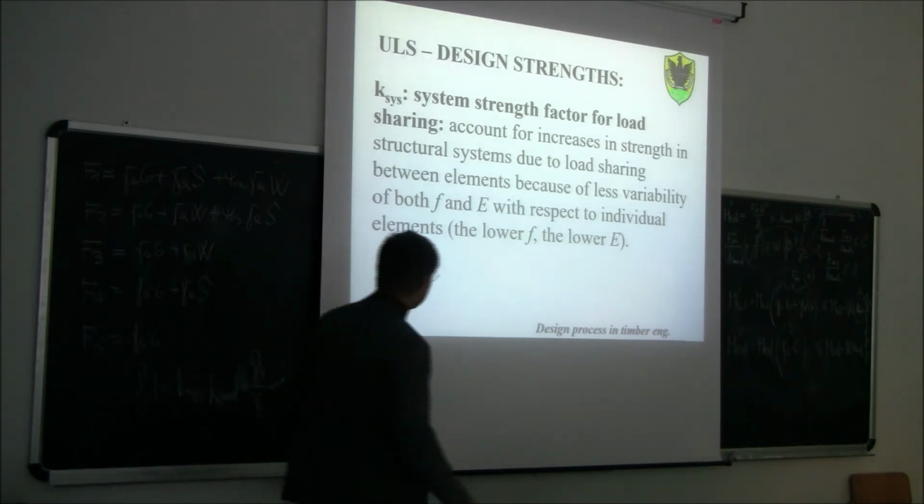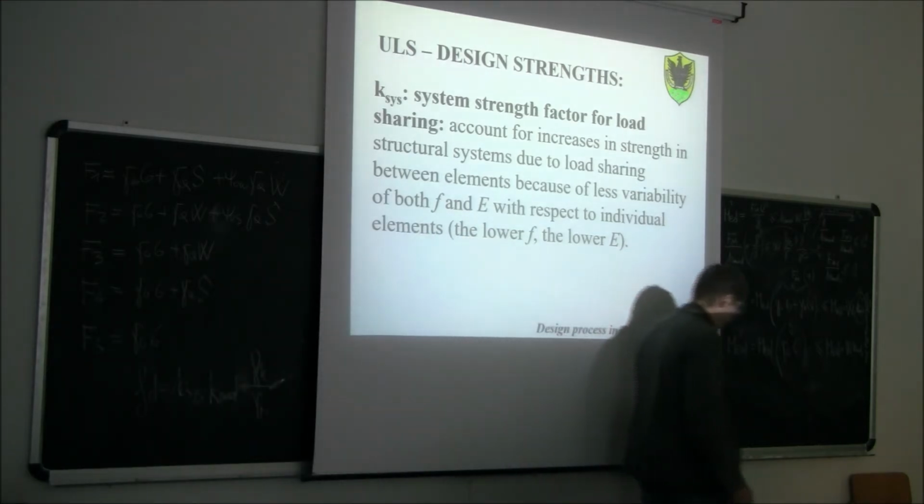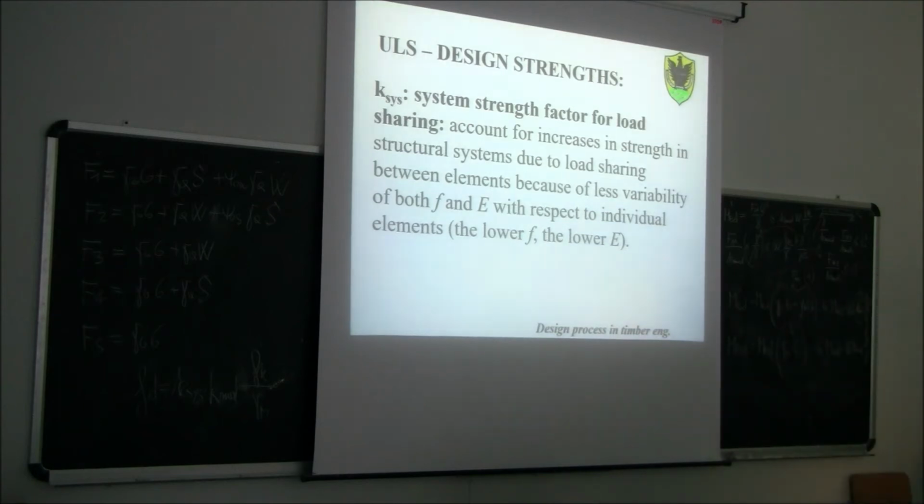What is the ksys coefficient? It is a system strength factor for load sharing. It accounts for increases in strength in structural systems due to load sharing between elements, because of less variability of both f and E.